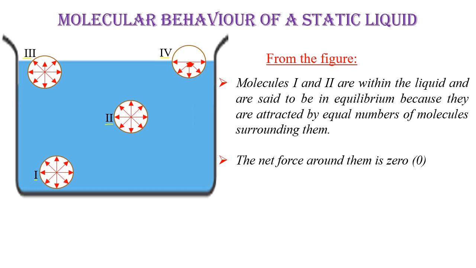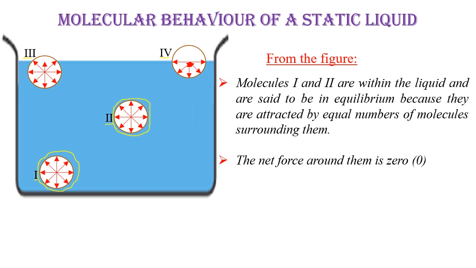Let's take a look at molecule 1. Molecule 1 is surrounded by equal amount of forces, and so there's no net force around it. Let's take a look at molecule 2. Molecule 2 also experiences equal amount of forces from the molecules around it.